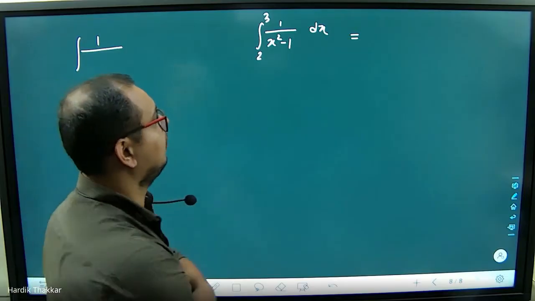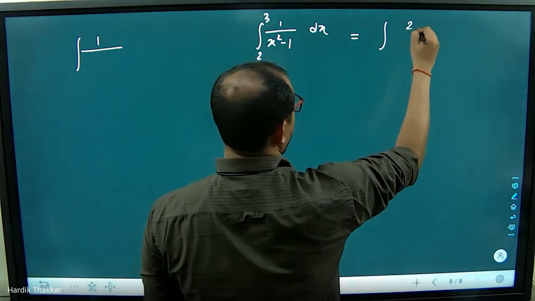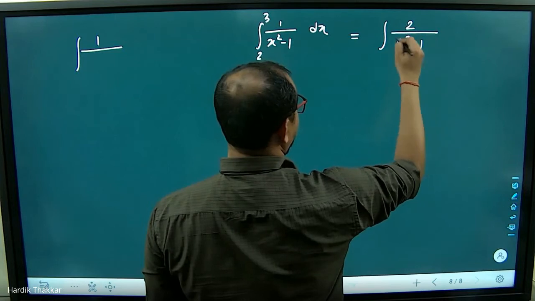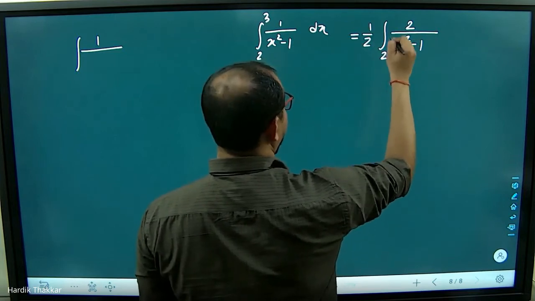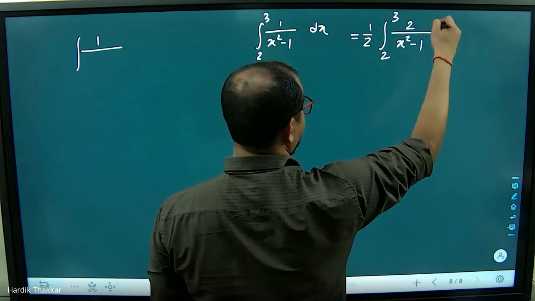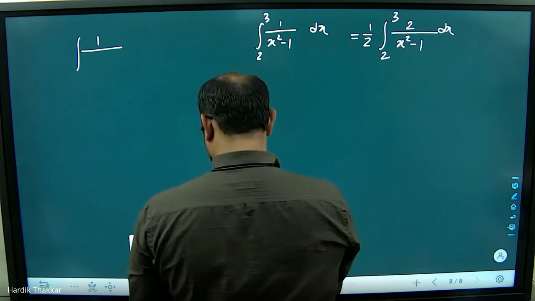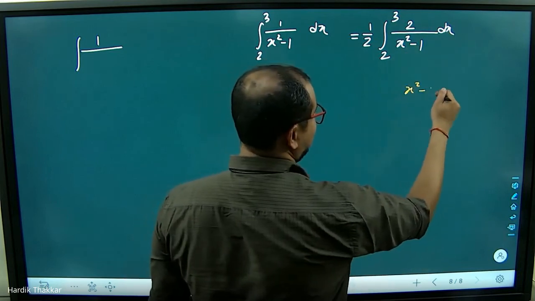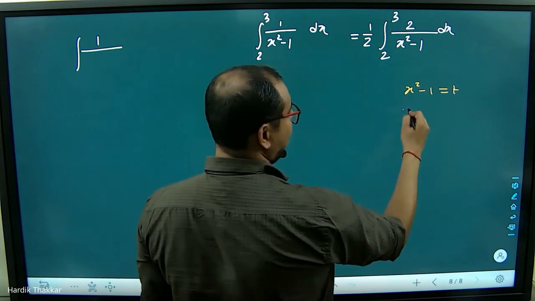Sir, in previous question we did, when we don't have the differentiation of denominator, so we multiply and divide. So it will be 1 into 2, and outside we will take 1 by 2. Okay, no problem. If you substitute x square minus 1 as t, then the derivative of this part will be 2x, not 2.